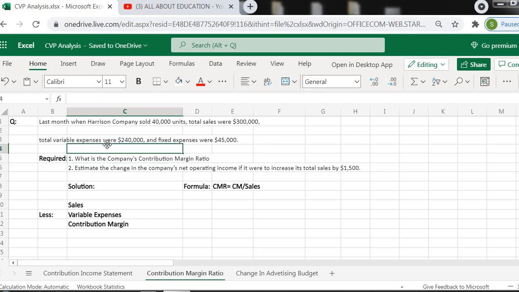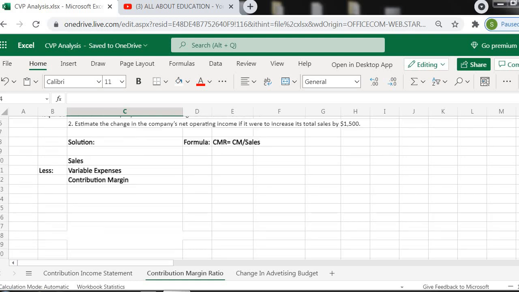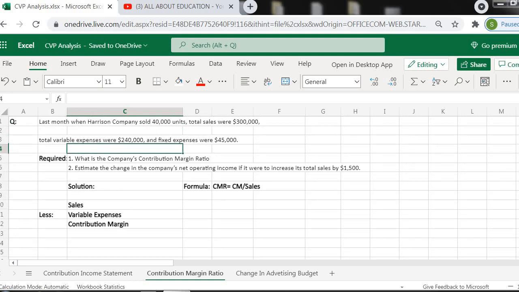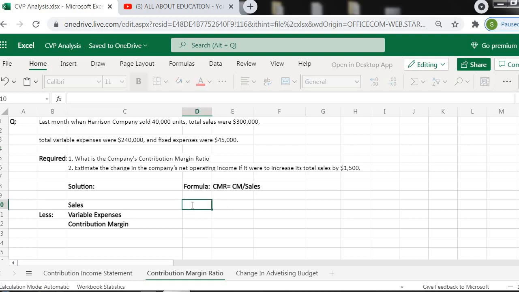First we have to solve the requirement number 1. We have to calculate contribution margin ratio, right? To calculate contribution margin ratio, we have to find out the value of contribution margin, right? So how to calculate contribution margin? Sales 3 lakh less variable expenses.